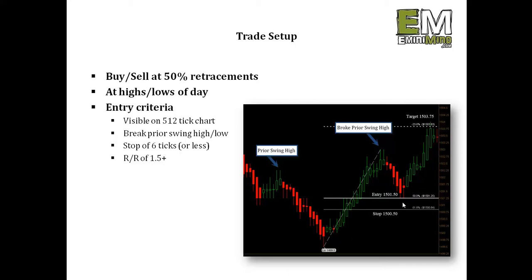If your distance between your entry and your stop is 6 ticks, it would be nice to have a target of 9 ticks. Now that's not always the case, but you certainly want to have a risk to reward of at least 1 to 1. Ideally 1.5 to 1 or greater is better.